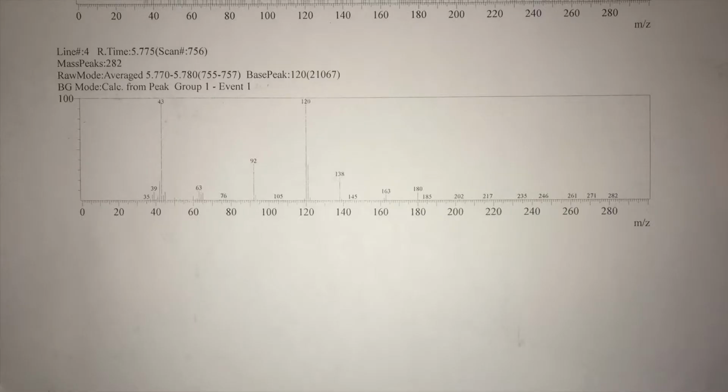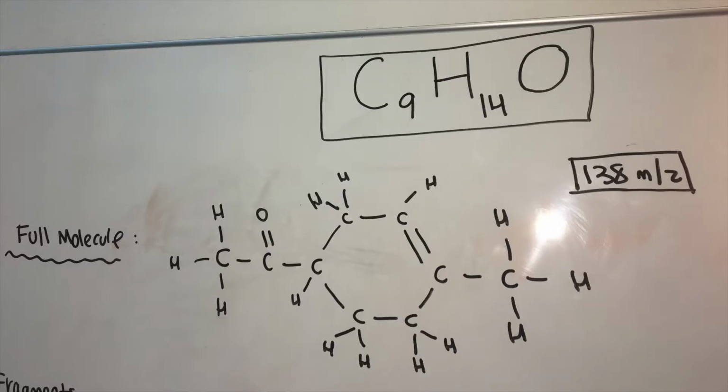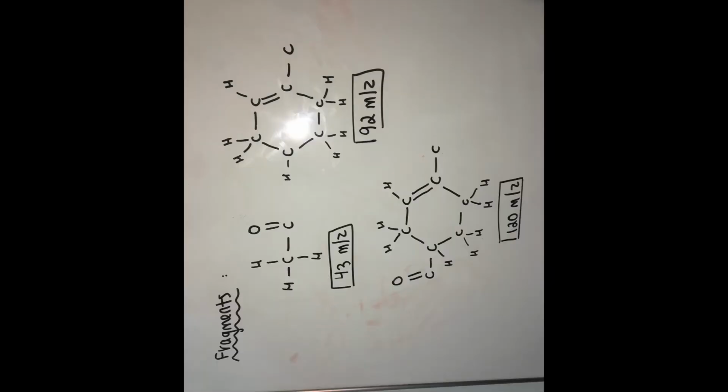In our MS, we noticed that the molecular mass was 138 mass over charge because it is the largest mass furthest to the right of the spectrum. The largest peaks indicated the most abundant fragments. In our spectrum, the three largest fragments were at 43, 92, and 120 mass over charge. We used our knowledge of corresponding structures to help build the molecule. Here are the most frequent fragments of our molecule.